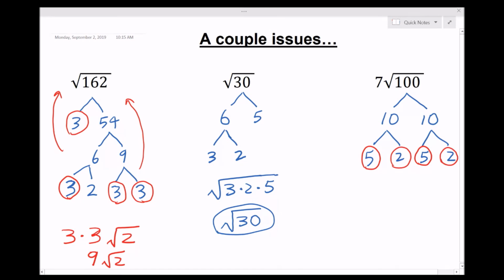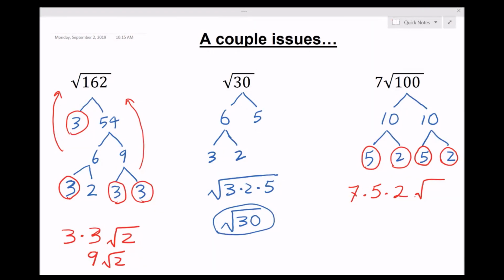The 5s come out, the 2s come out, everything comes out. You have your 7 that you started with, times the pair of 5s becoming one 5 out here, and the pair of 2s becoming one 2 out here. Then there are no ending branches left, so you just have a square root with nothing in it.